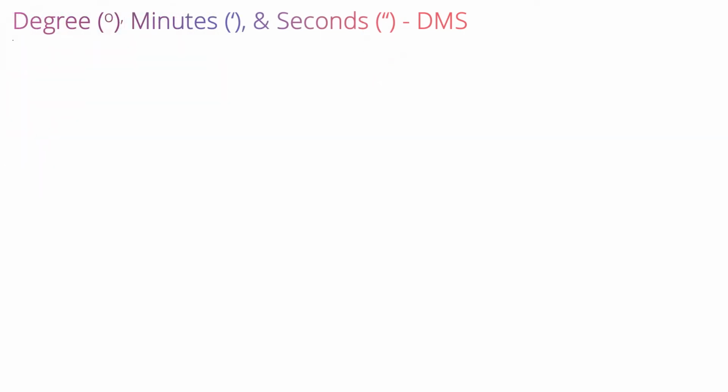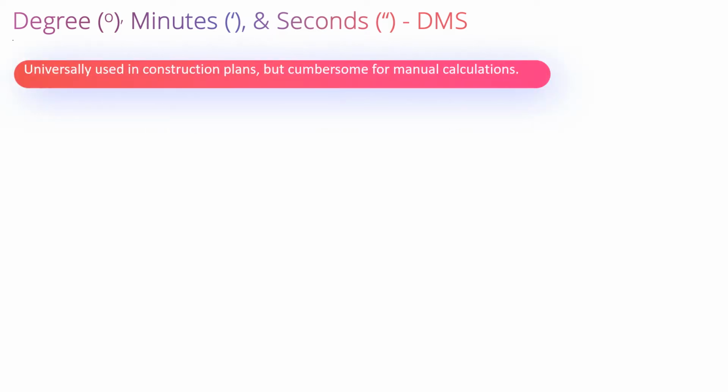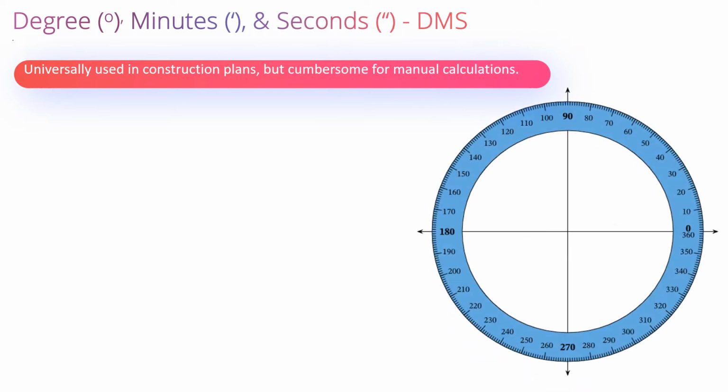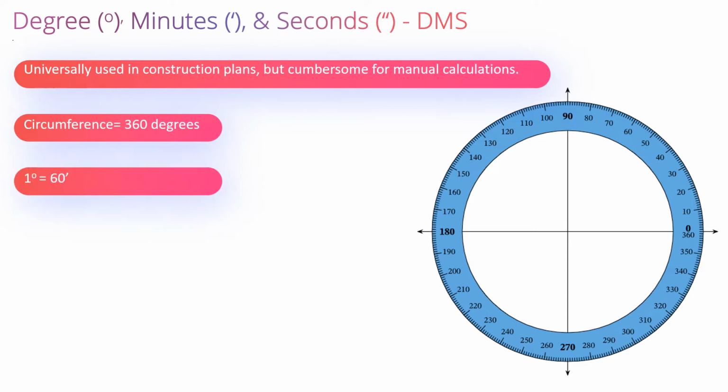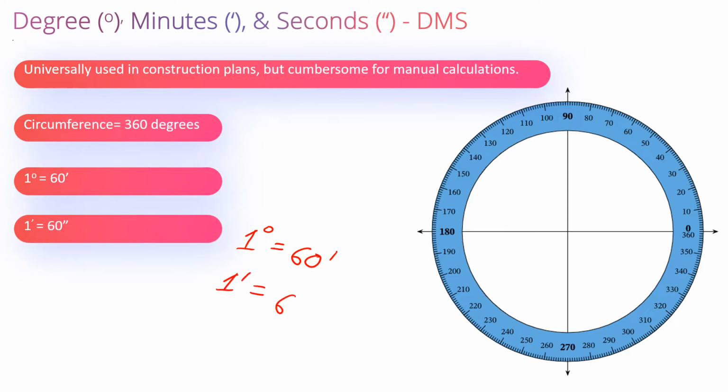So what units do we use to record the angles? Well, the first one is degree, minute, and second, and it is universally used in all construction plans. If you take the circumference of a circle, it is divided into 360 degrees. 1 degree is equal to 60 minutes, and 1 minute is further divided into 60 seconds.